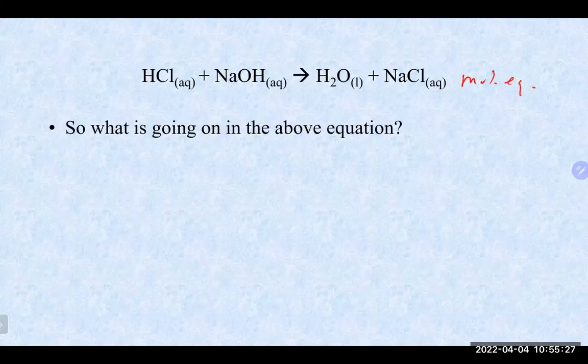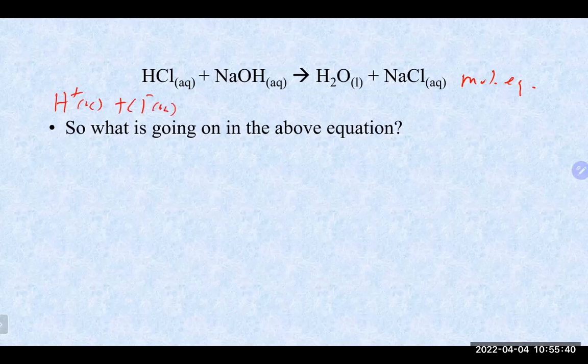Since HCl is a strong acid, it's a strong electrolyte, so it will 100% break apart into H plus and Cl minus. Sodium hydroxide is also a strong base, a strong electrolyte, so it will 100% break apart into a sodium ion and a hydroxide ion.